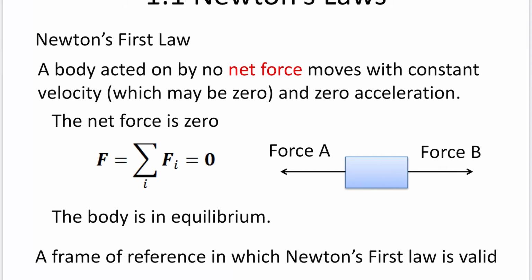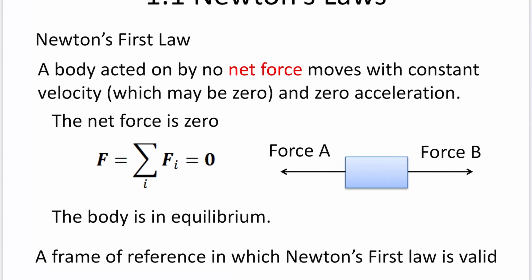In this case, the net force is zero, so we can apply Newton's first law. In these situations, a body moves with constant velocity, or sometimes zero velocity and zero acceleration. The body is in equilibrium.